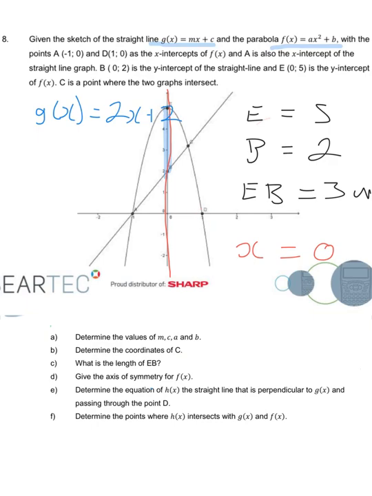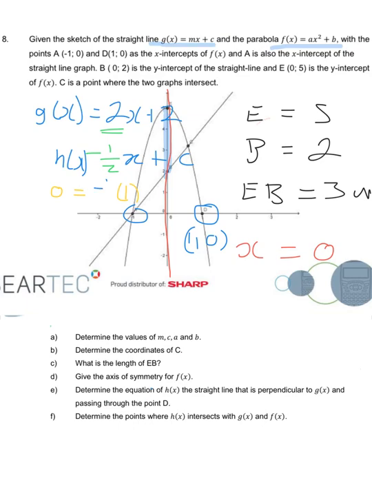So the first thing we're going to do, we're going to just flip this fraction of my gradient, so it becomes negative a half, x plus c. So this is going to be h. And all we do now is we substitute in the point D, and we know that D is the point 1 and 0 because it is symmetrical about that point. And so we take our 0 equal to 1, we'll put it there.